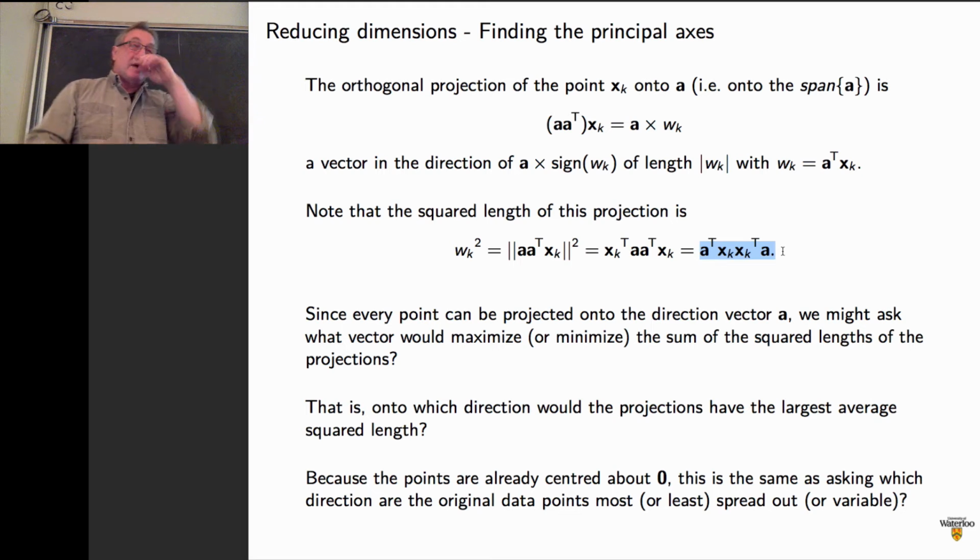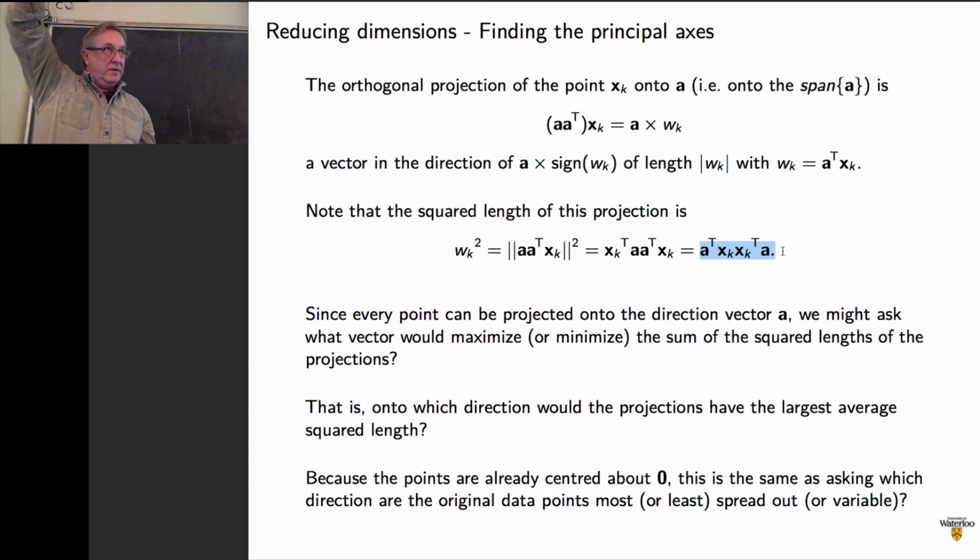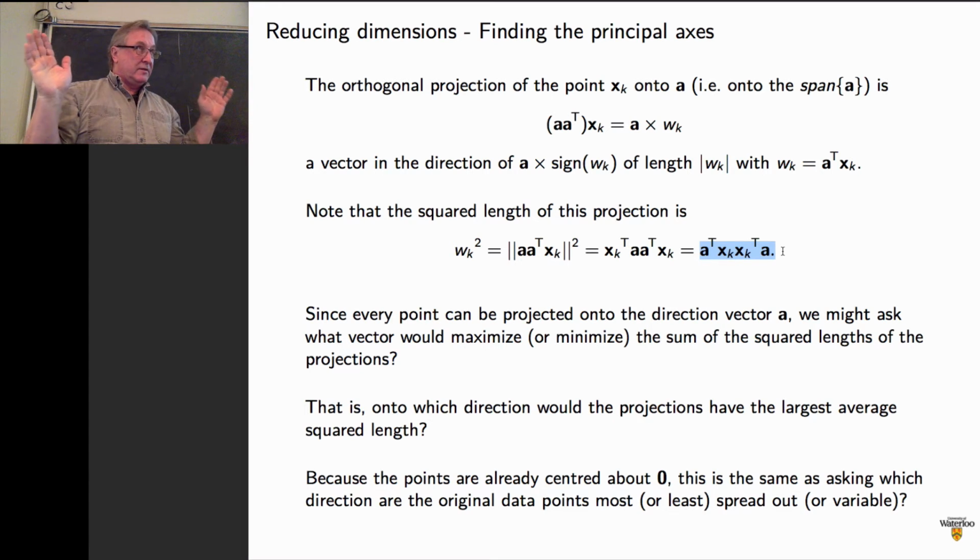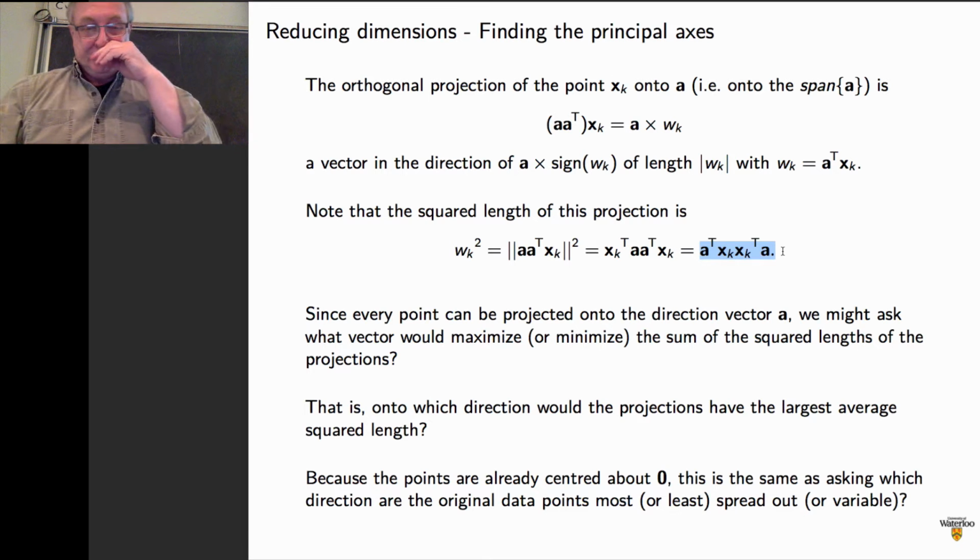If it's maximizing it, that means everybody's spread out in this way. If it's minimizing it, there's hardly any change. You're looking for the direction where there's very little change. So it's a measure of how spread out this data is in the direction A, because it's centered around the origin. Everybody with me so far? Good.